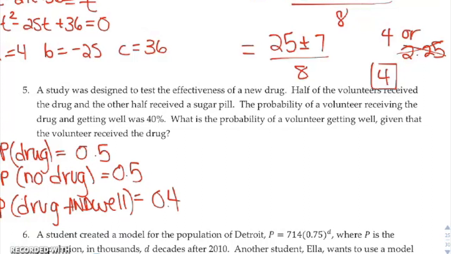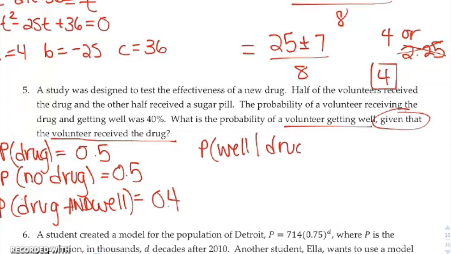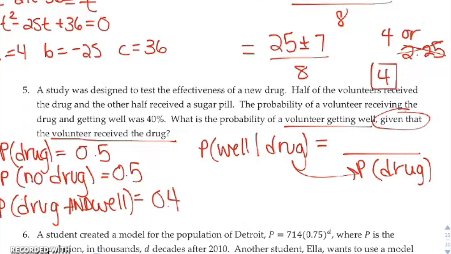Now it says, what is the probability of a volunteer getting well given that they received the drug? So remember what we need to know here. The probability that they got well given that they received the drug. Well, what we know is we really care about only the subgroup that got the drug, right? So the subgroup is the people that got the drug.